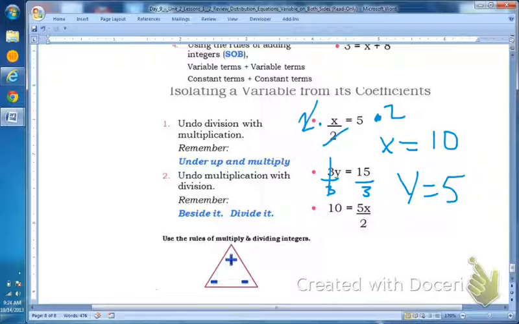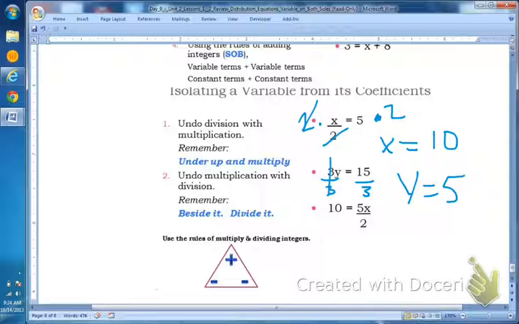Last one. Okay, what are my coefficients in the last example? 2 is one of our coefficients. And 5. So we have 2 coefficients in this example. We have the 5 that's directly beside our variable and the 2 that's under it. Do you all see that?